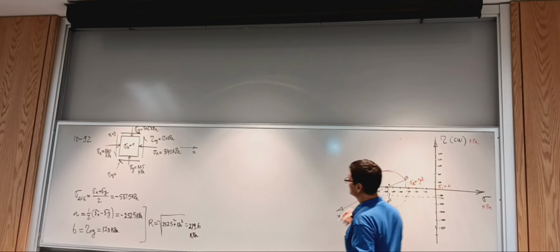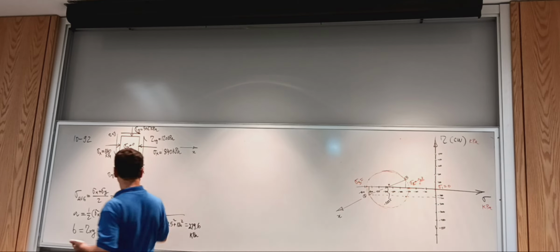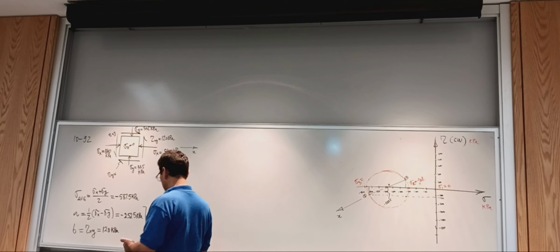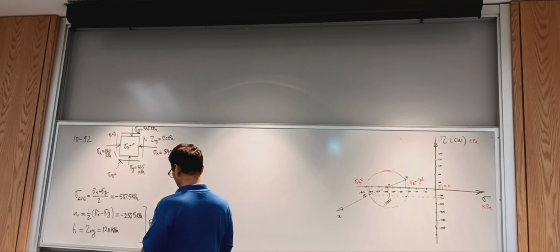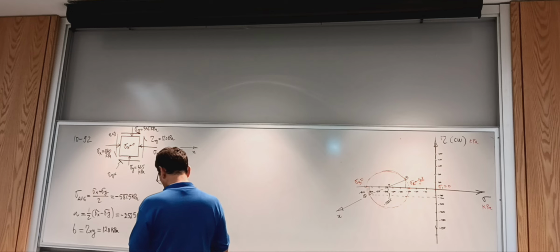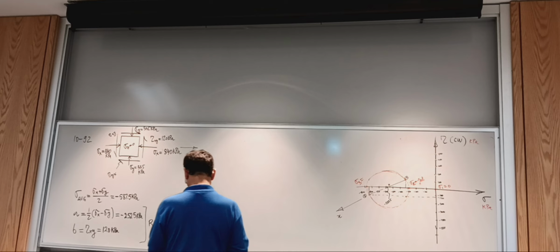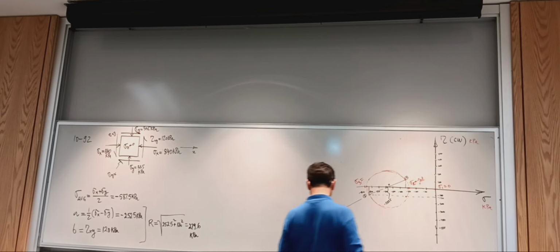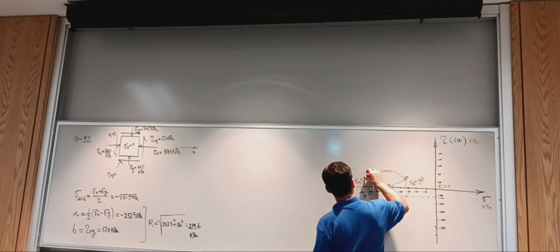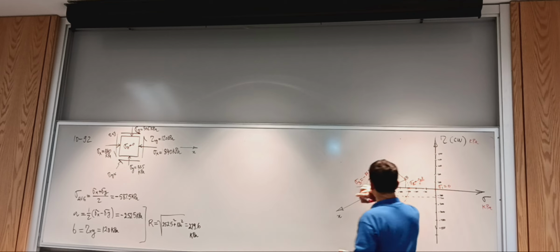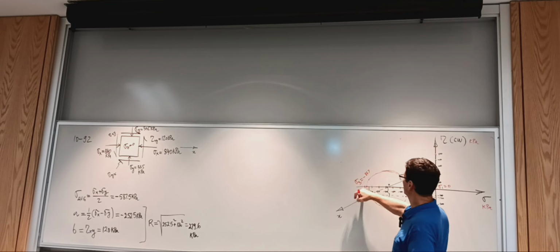Sigma 3 is going to be the center of the circle minus the radius. So negative 587.5 minus 279.6 equals negative 867. It didn't go all the way to 900.